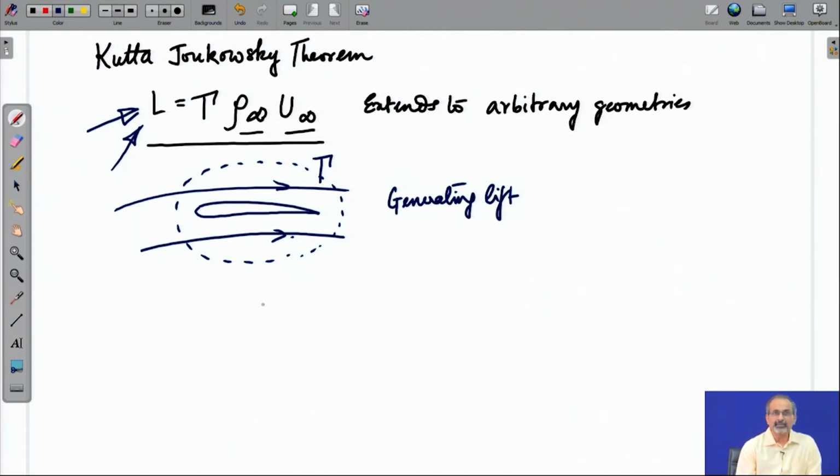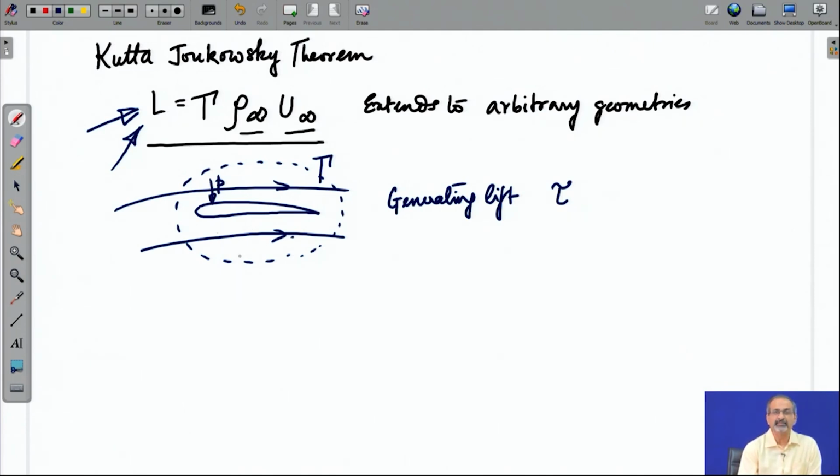So, there are different ways of looking at how the lift is being generated. If you go to the basics, it is ultimately a pressure distribution acting all around the airfoil. Since it is a potential flow, we do not talk about the shear stress distribution, it is only the pressure distribution and an imbalance between the upper and lower surface pressures that is creating the net lift.